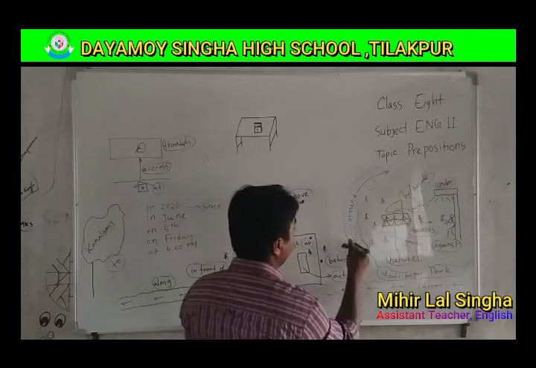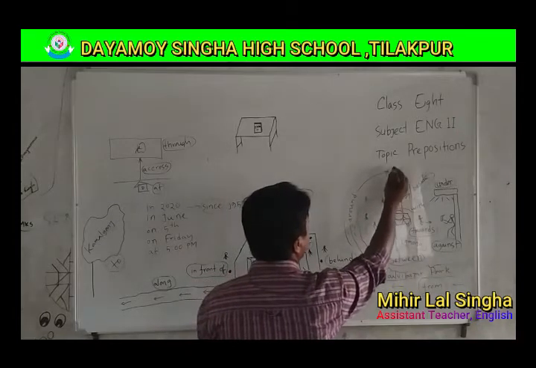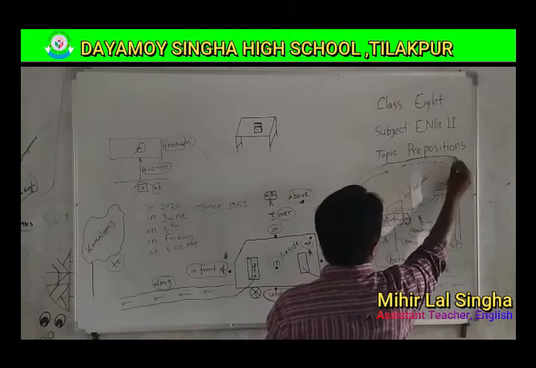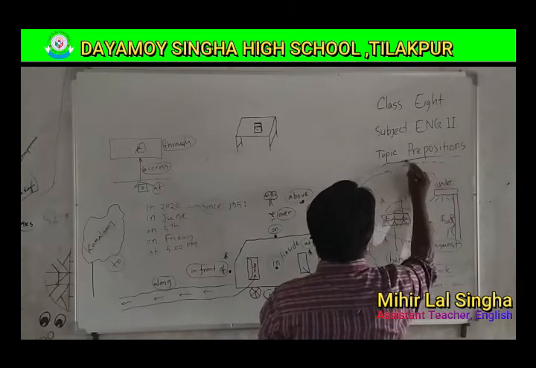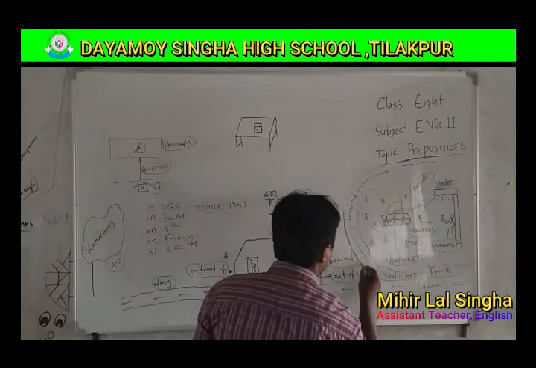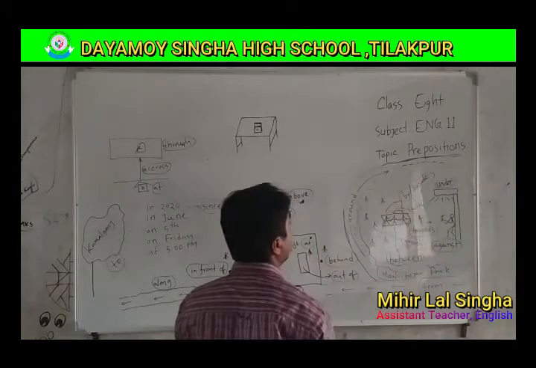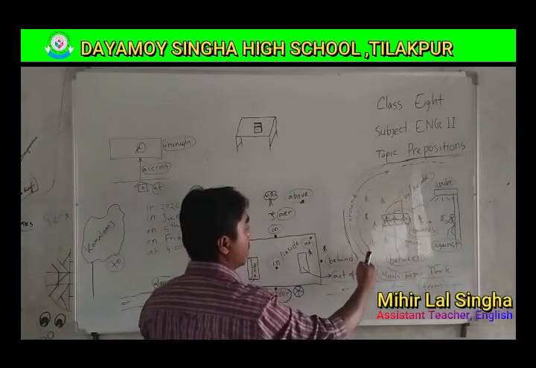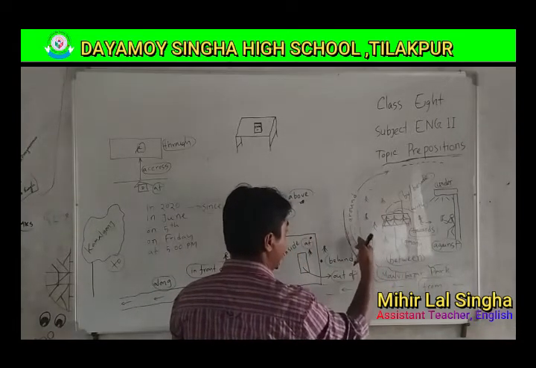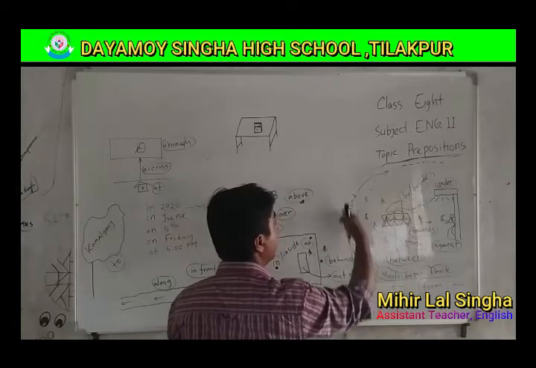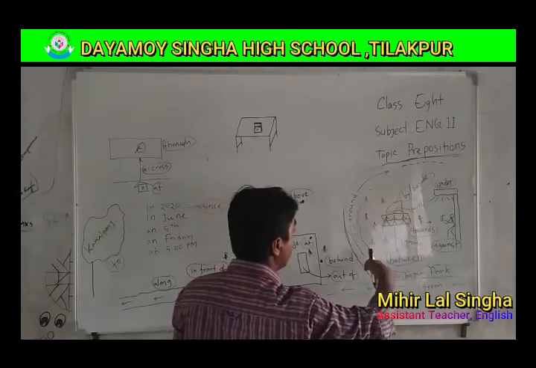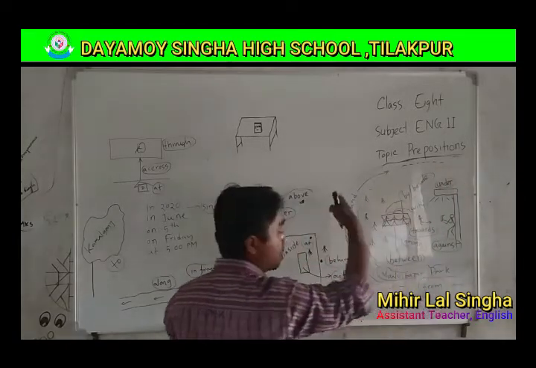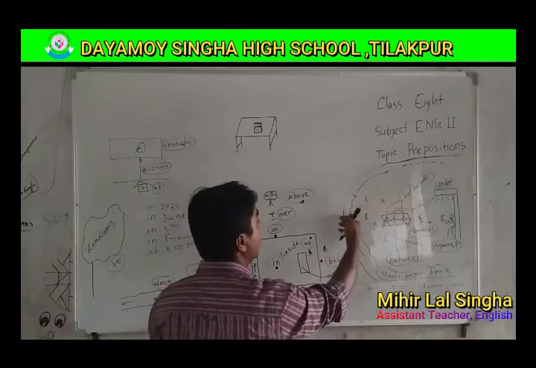So suppose there is a lake or a river that covers the whole area of the park, then we have to use the preposition around. So around is used when something covers the whole area of something.